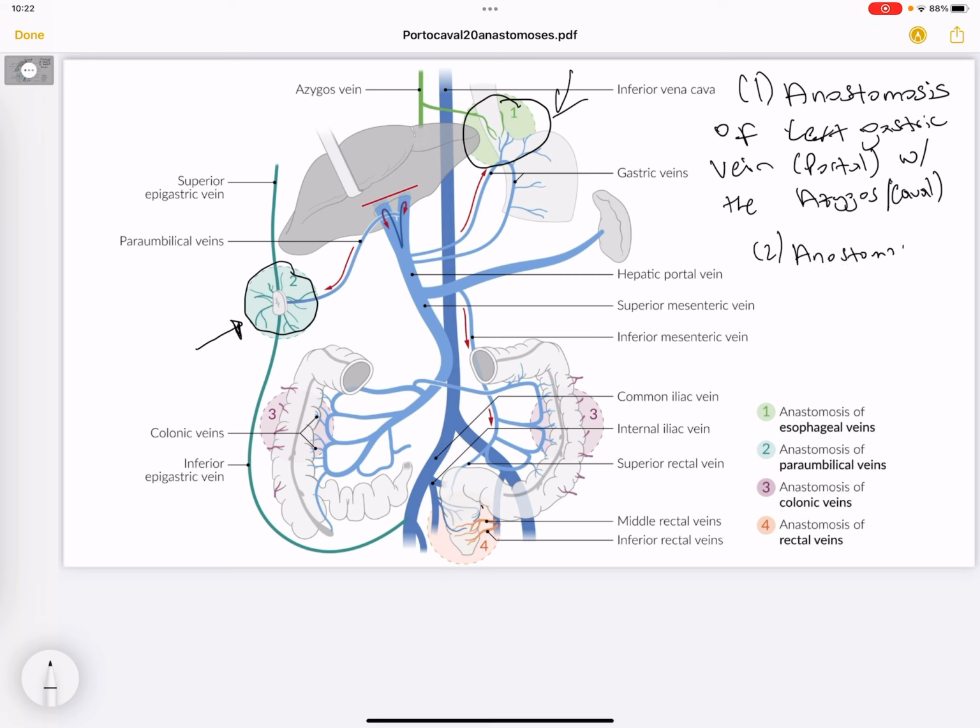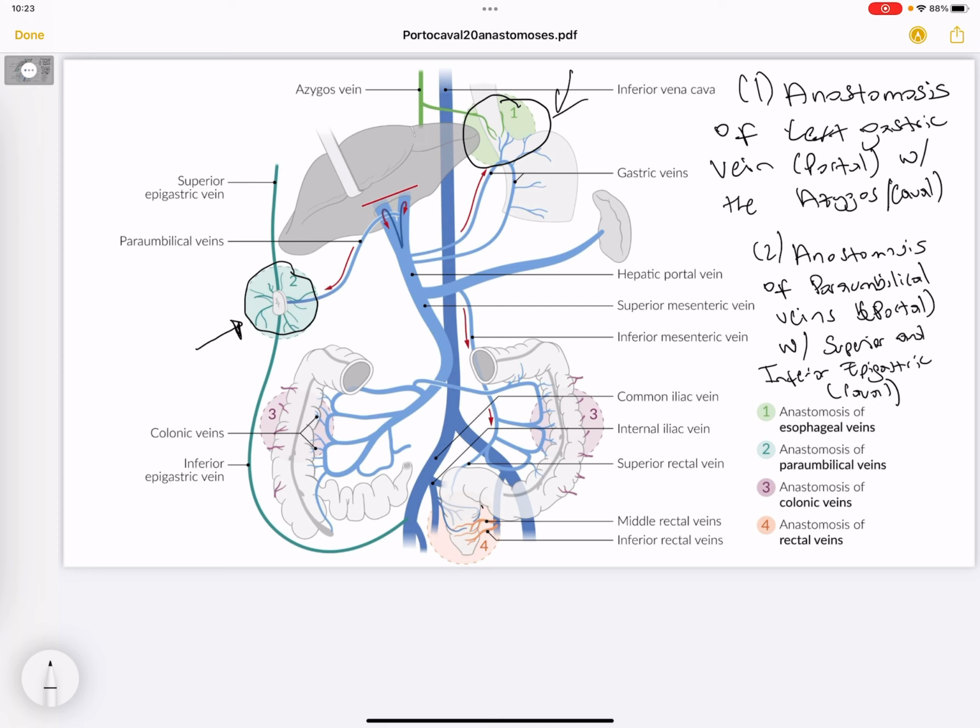Anastomosis of umbilical veins, this is found in our portal system, with superior and inferior epigastric veins of our caval system.